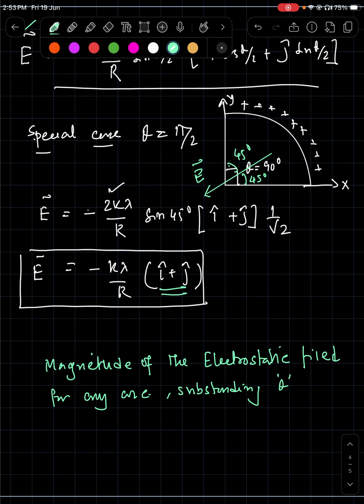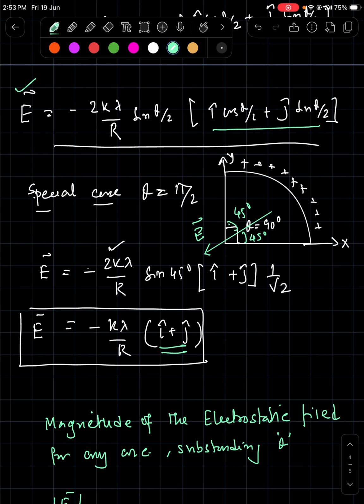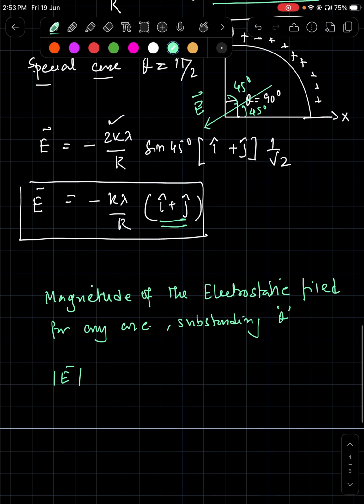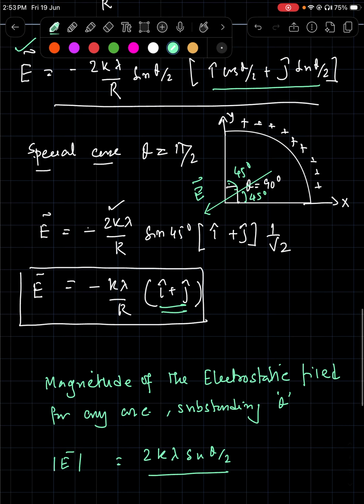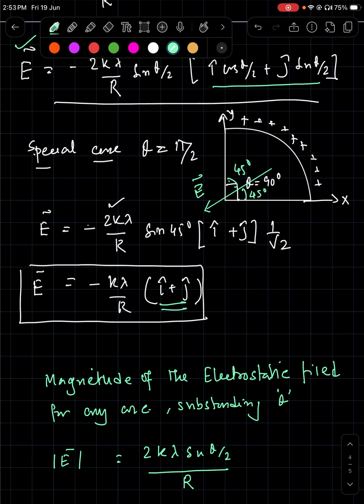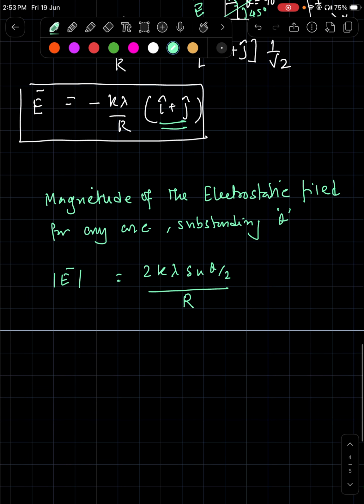We know this magnitude of E: the bracket has magnitude 1, and the rest is simply 2k lambda sine theta by 2 by r.